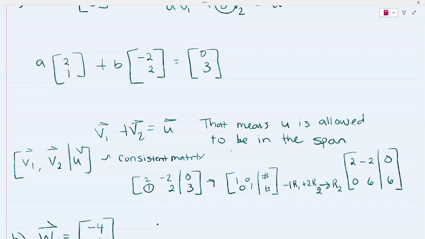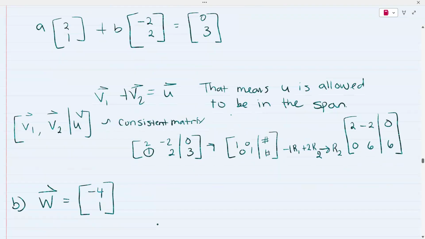Okay, then what would I do next? I think to make life easier, let's make this 2, -2 into 1s. How would I do that? I would multiply by the scalar 1/2. And then let's make this 6 and 6 into 1s, and I can do that. I can multiply scalars more than once.